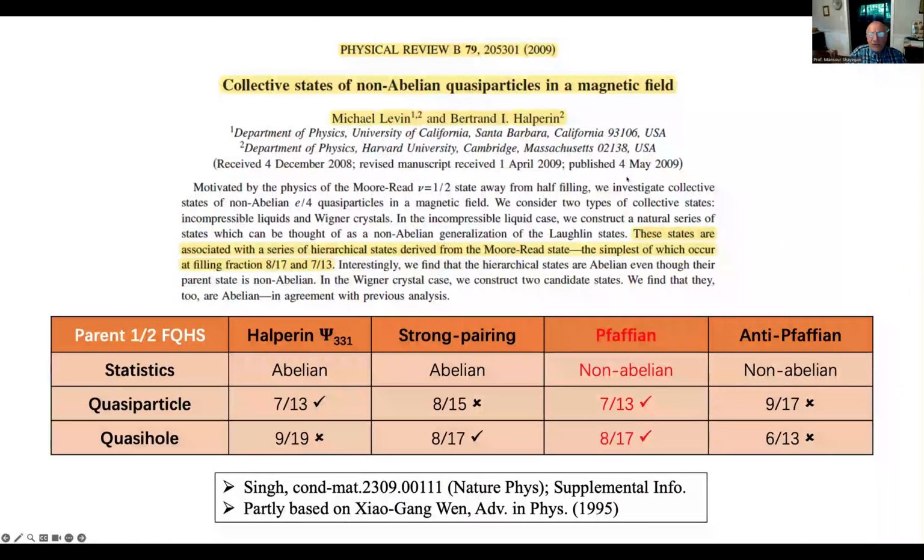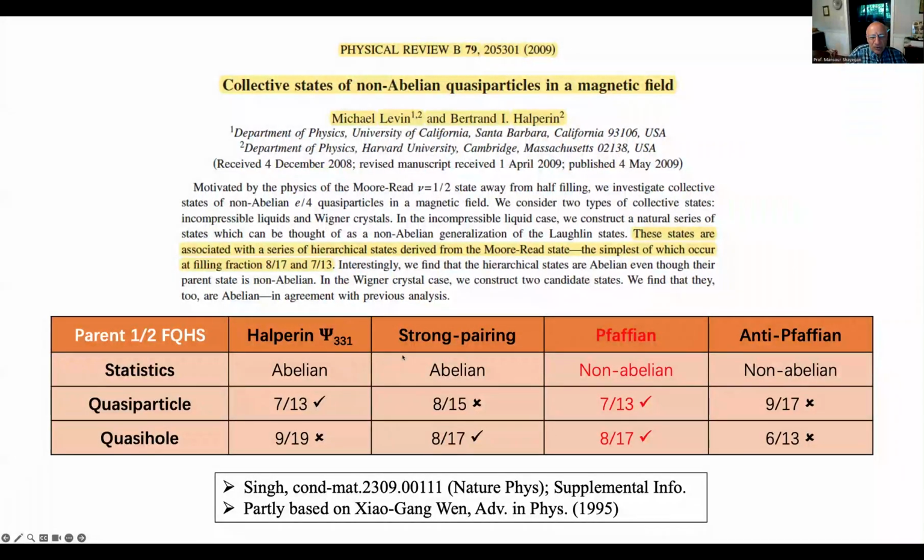It turns out there is a theoretical paper from 2009 by Levin and Bert Halperin, Harvard, where they predict, if you wish, that if you have a Moore-Read state, that's the Pfaffian state, the non-Abelian state at 1/2, then the so-called hierarchical states or daughter states are at exactly these fillings, 8/17ths and 7/13ths.